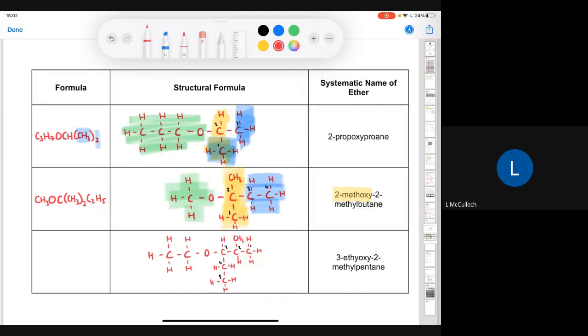And then for our shortened structural formula, it's going to be C2H5O for that first part here. Now our next carbon is going to be CH. And then in a bracket, we're having this larger branch of a C2H5. So the part that's got carbon number 4 and 5 on it, we're going to put as a C2H5. We've then got a CH and a CH3 branching off of it.